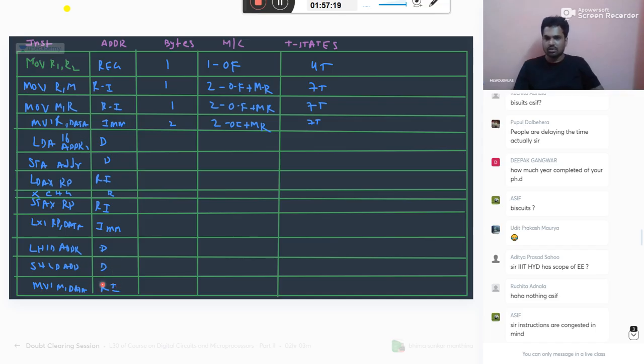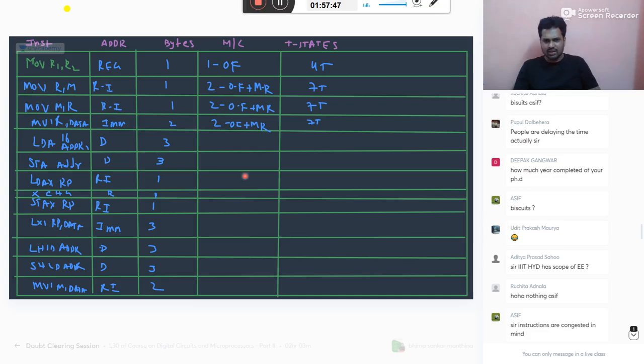Next, this is 3 byte. 3 byte, 1 byte, 1 byte, 1 byte. Next, data. LXI has 16-bit data, so 3 byte. 3 byte. 2 byte.